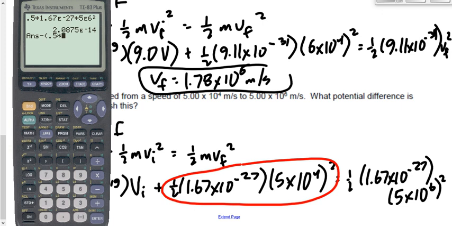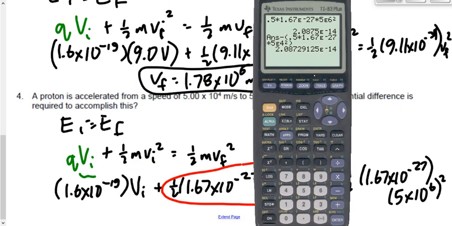Brackets 0.5 times 1.67 times 10 to the minus 27 times 5 times 10 to the 4. Once again, I don't need to worry about the brackets there, although I do need to close off my original brackets. 2.08 times 10 to the negative 14. Okay, that's my number on the right-hand side now.